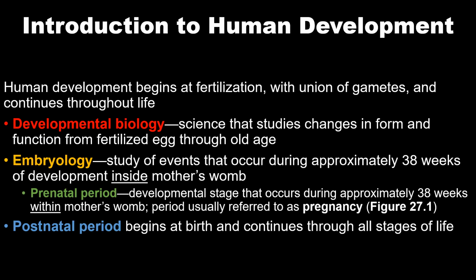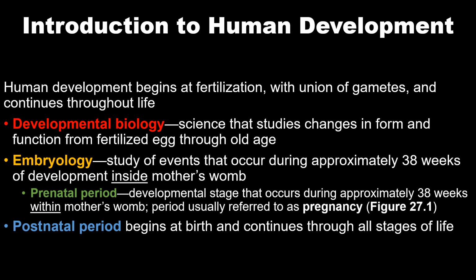Human development begins at fertilization, when the two gametes unite, and it continues all the way through life. Developmental biology is the science that studies the changes in form and function that take place during these processes. You also have embryology, which is a subsection of developmental biology, and this studies the events during the prenatal period, that approximately 38 weeks of development inside the mother's uterus.